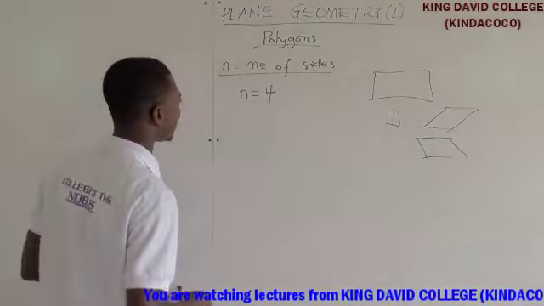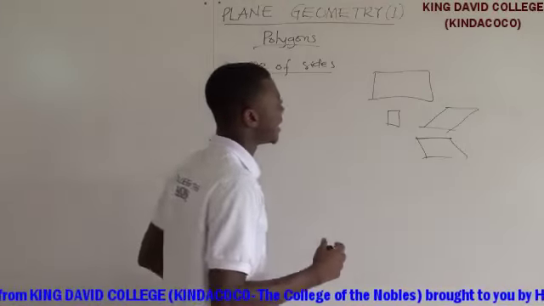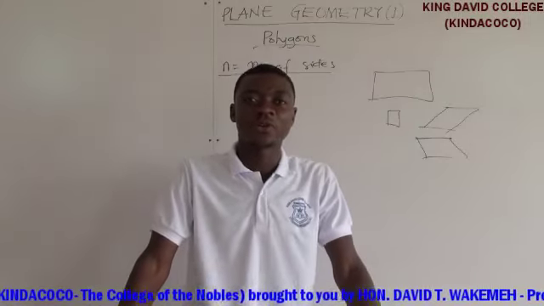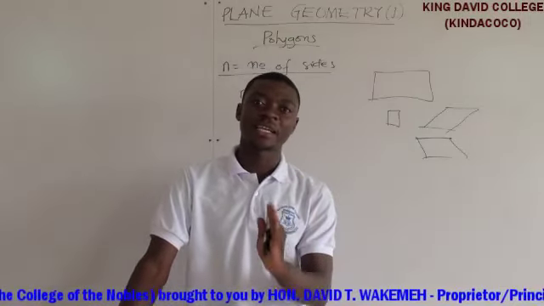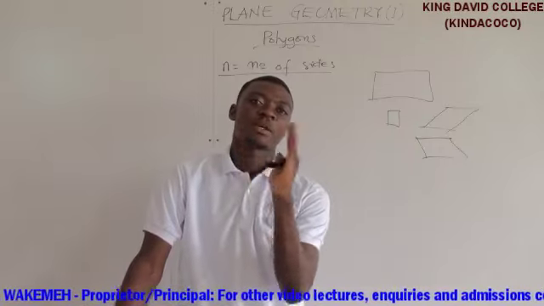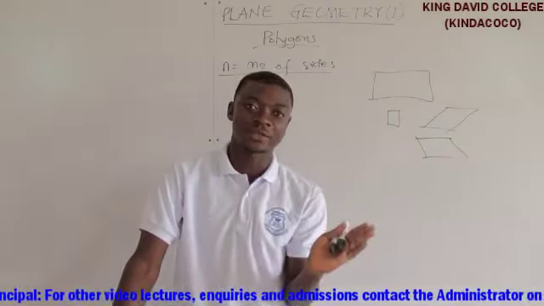Now, anytime you are trying to find the interior angle of this specific polygon, we already established that the interior angle for a triangle is 180 degrees. So we can divide those polygons into triangles.